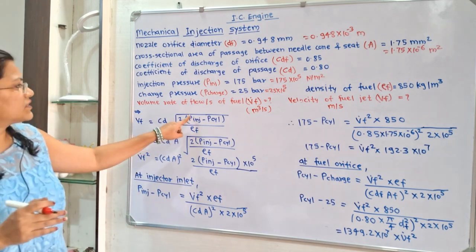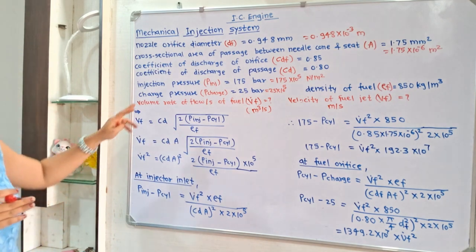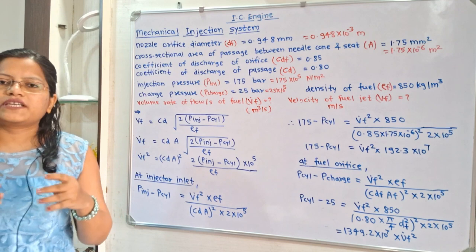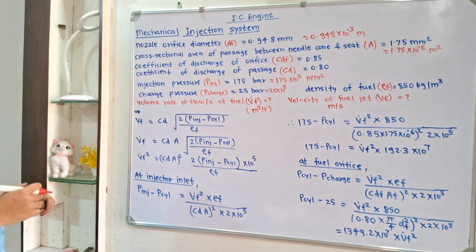P injection is the injection pressure at the injector inlet, and P charge is the pressure at the fuel orifice; two types of pressures are mentioned.